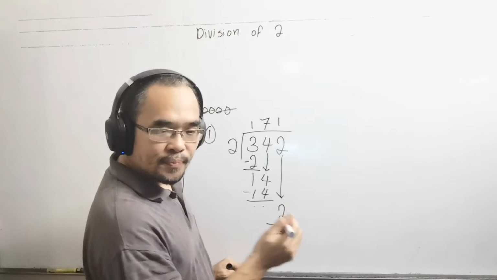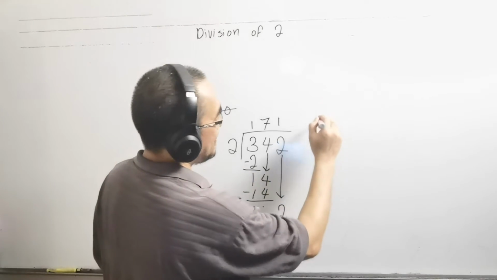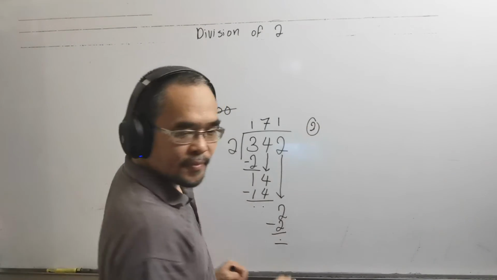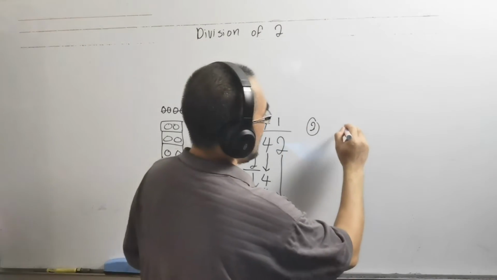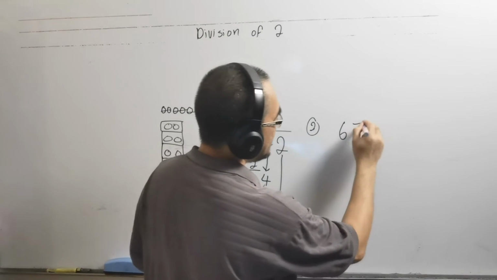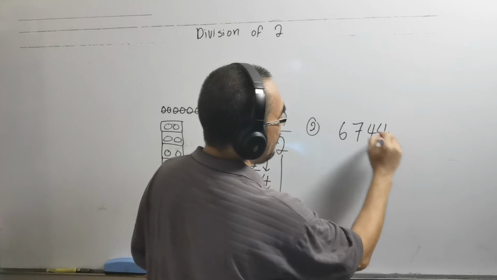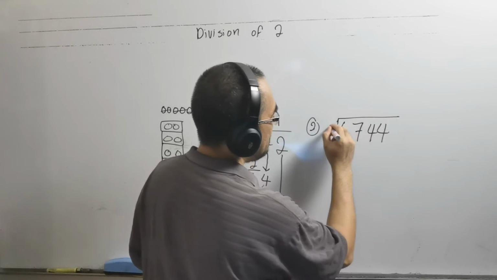Okay, now we have maybe 4 numbers. Question number 2: 6,744 divided by 2.